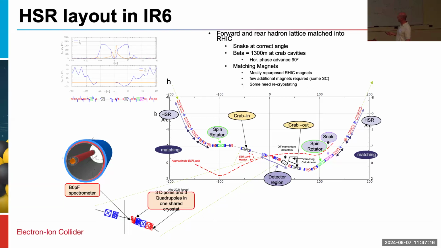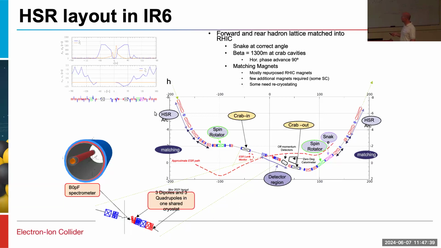The crabbing is reversed, and the spin rotator gets the spin back into vertical. And so that's how this thing looks. And of course, I'm also showing you other elements. This is approximately the electron beam path here, dashed through that.